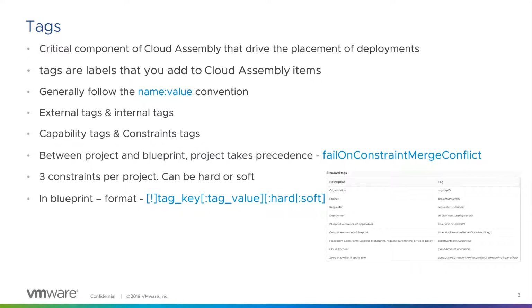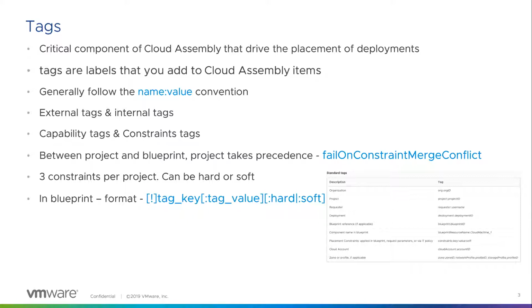That is my constraint. Or say you have both Intel based servers and AMD based servers, and you want your virtual machine to be deployed on an AMD based server. So you define a tag which will limit it to deploying only into the AMD cluster. That is a constraint. You are putting a constraint on that element.